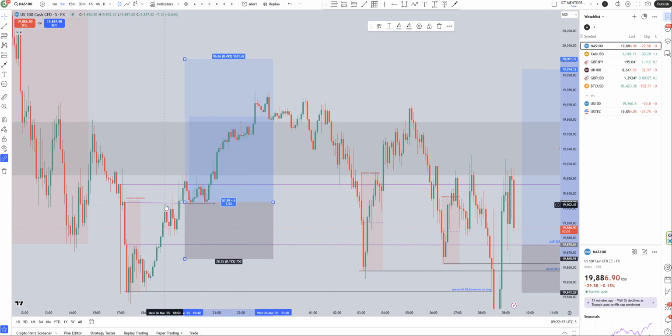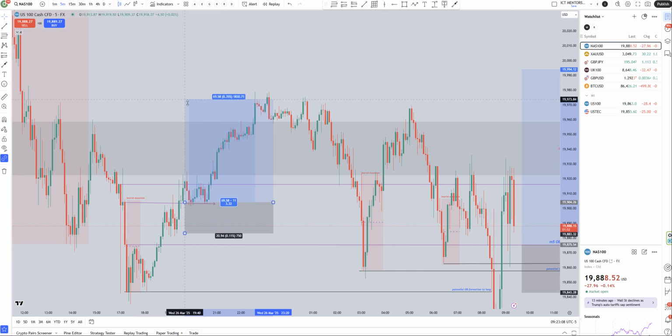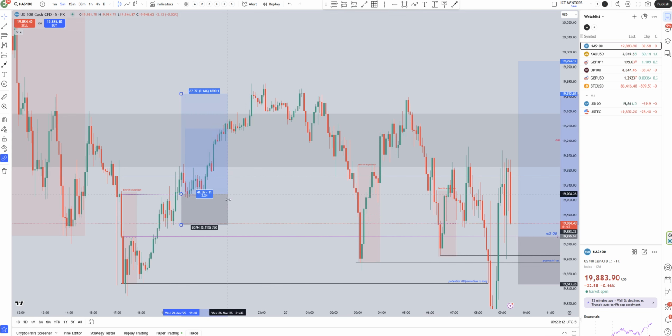That was bearish expansion, already confirmed this. This is the OB. Don't close below this. So maybe you put your stuff there. Targets done. Trade one.